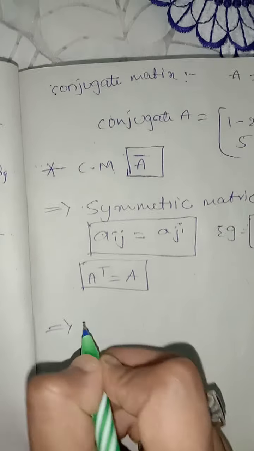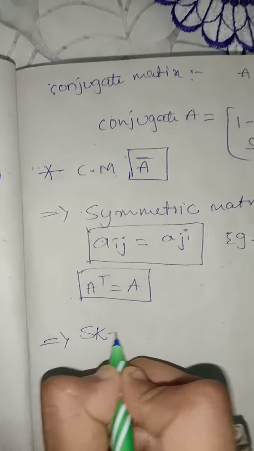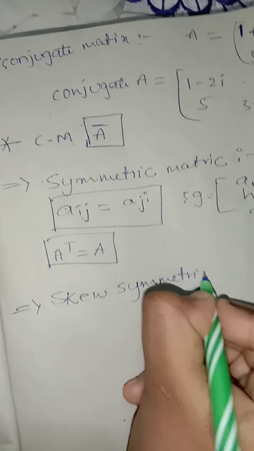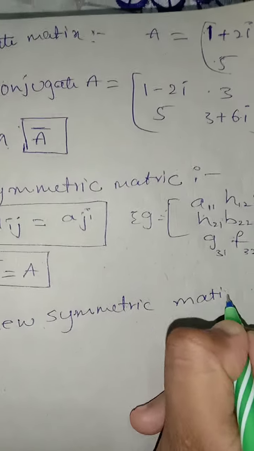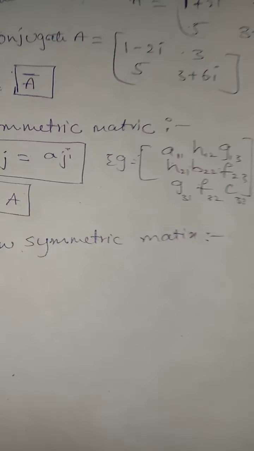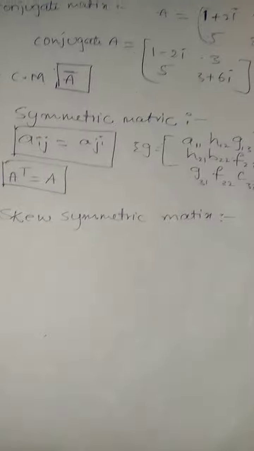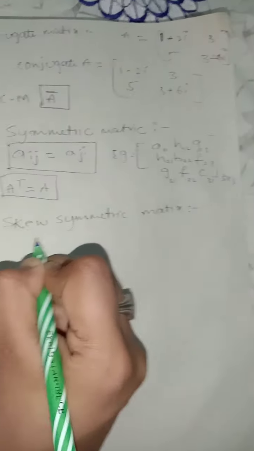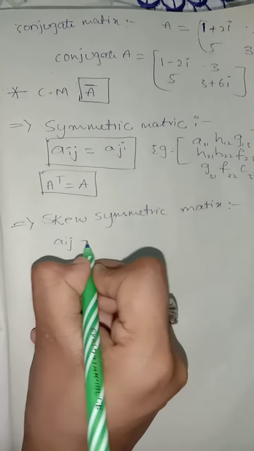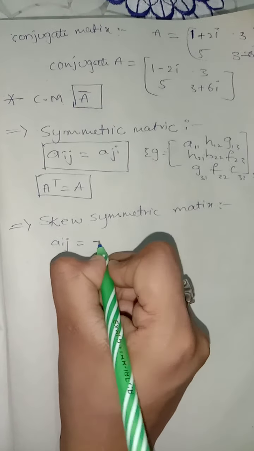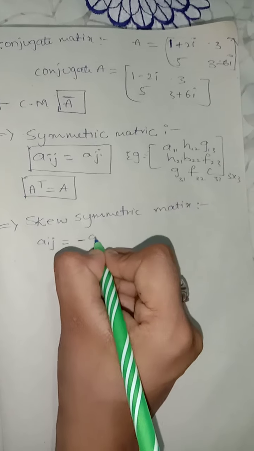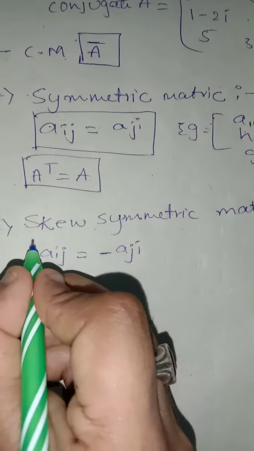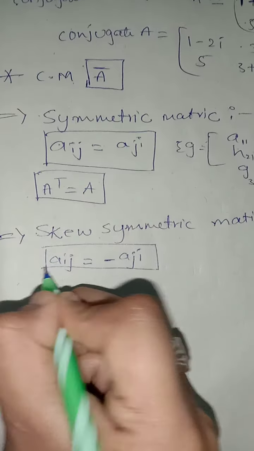Now let's learn about the skew symmetric matrix. What is the definition of a skew symmetric matrix? A simple definition: the a_ij element is equal to minus the a_ji element. This is the simple definition.